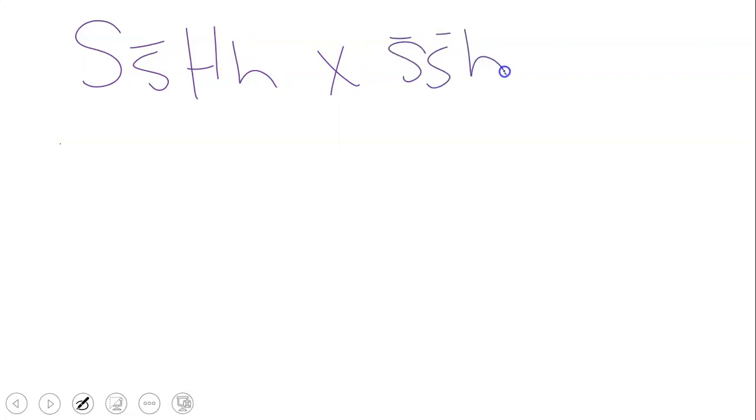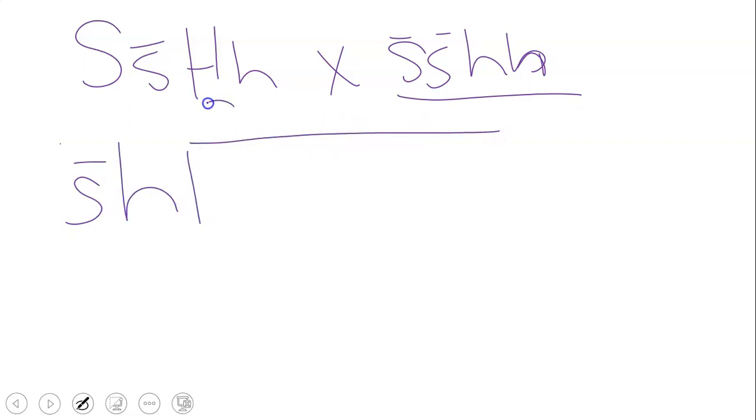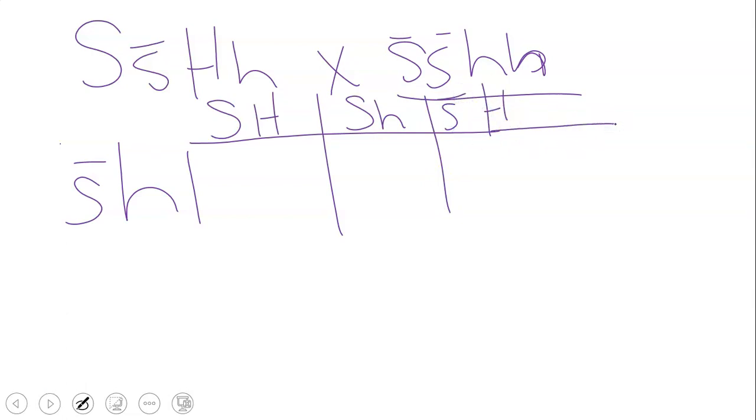Okay, so in our Punnett square here we've got one parent that is big S, big H, little h crossed with little s, little h, little h. Let's put, oop, that's not a B, it's an H. Let's put this parent on the left-hand side. So little s, little h. And we'll put the other parent at the top. So big S, big H, big S, little h, little s, big H, and little s, little h.